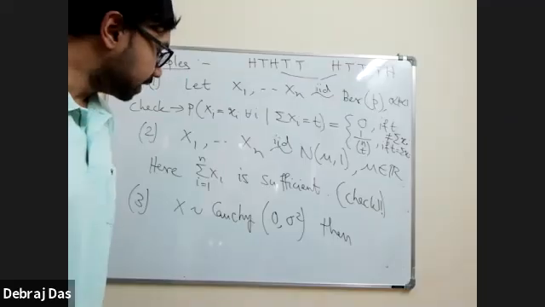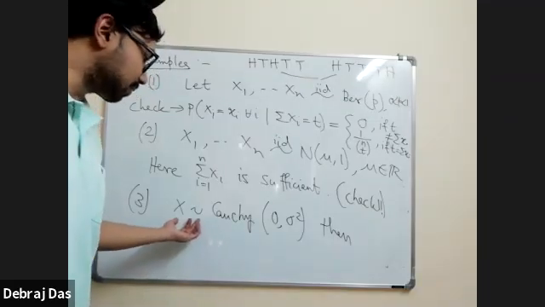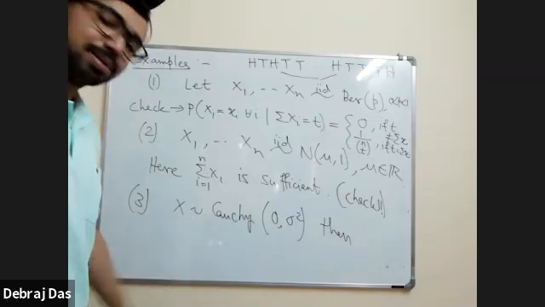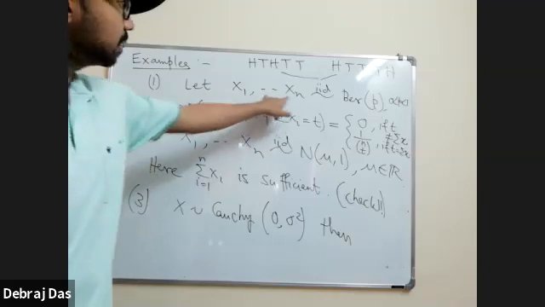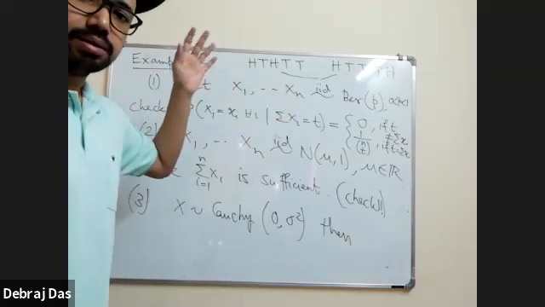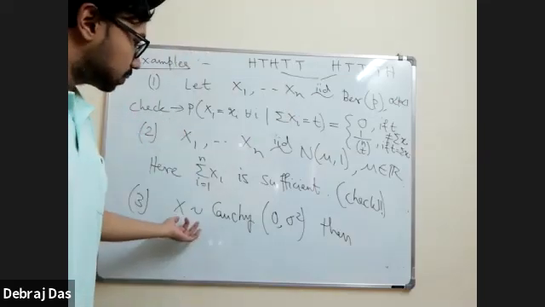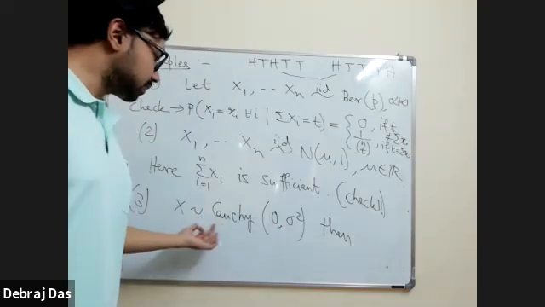The median, yeah, median you can say. Median means here there is only one observation, so this is the median. The observation itself is always sufficient, right? The sample itself is always sufficient. So what is a non-trivial choice of sufficient statistic?